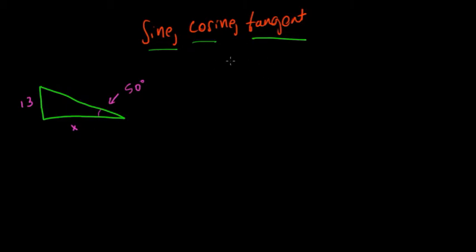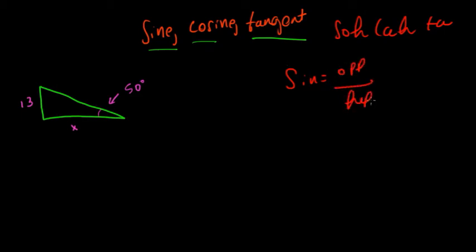Okay, well, if we remember from my previous videos, we can use this quick method here, SOHCAHTOA. It says sine is equal to the opposite divided by the hypotenuse. Cosine is equal to the what? C over H, which would be the adjacent divided by the hypotenuse.